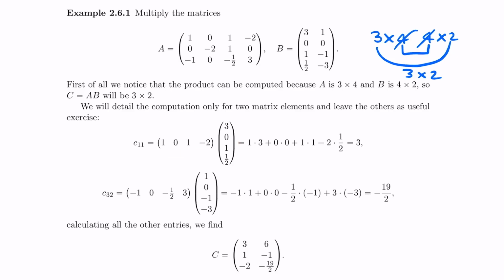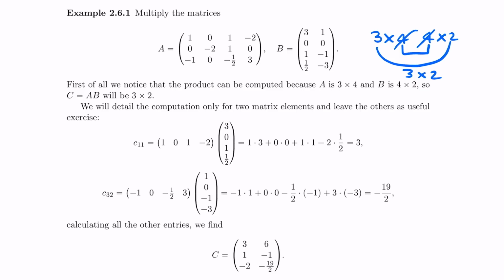If we perform the computation that we have learned, we have 1 times 3, there it is, plus 0 times 0, plus 1 times 1, plus minus 2 times 1/2. If you perform the computation, you obtain 3, which is the entry of position 1, 1 in the matrix product C.